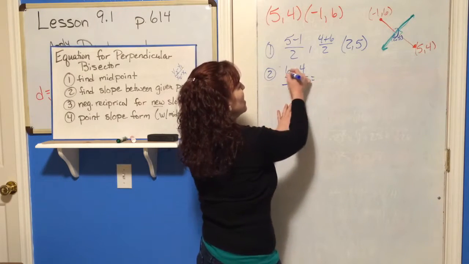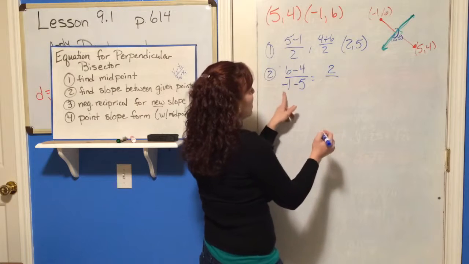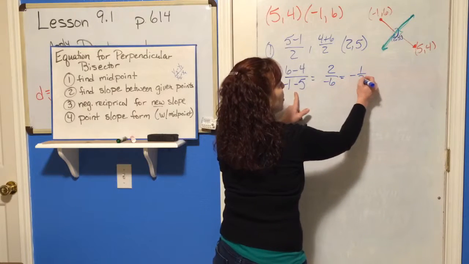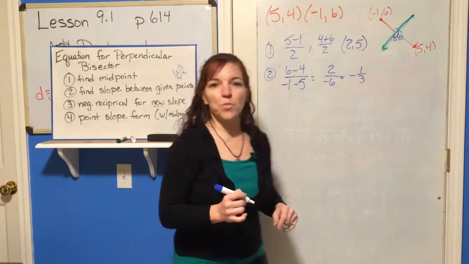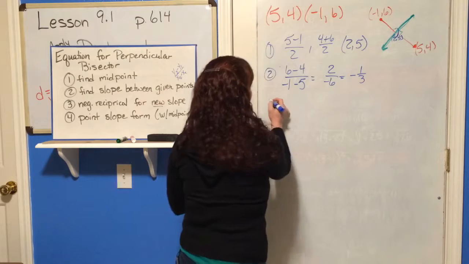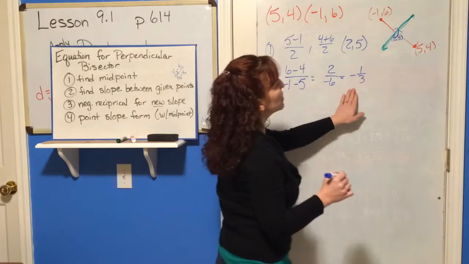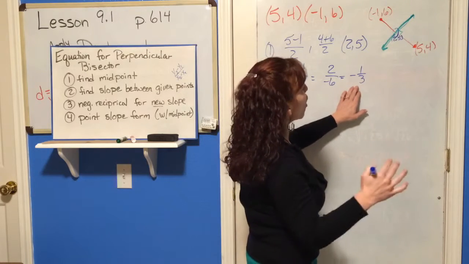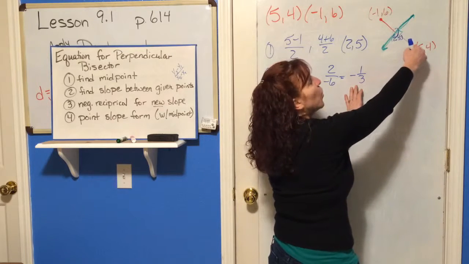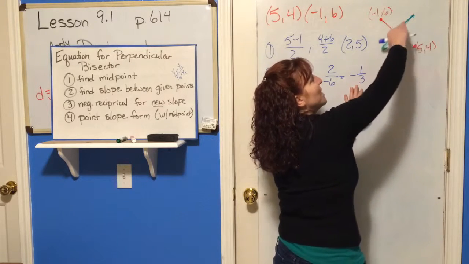So this is going to be 6 minus 4 is 2, and negative 1 minus 5 is negative 6. So negative 1 over 3 is my slope. Done. Step 3. Now what we've done is we have found the slope for the original line segment. We need now the slope of the perpendicular bisector.